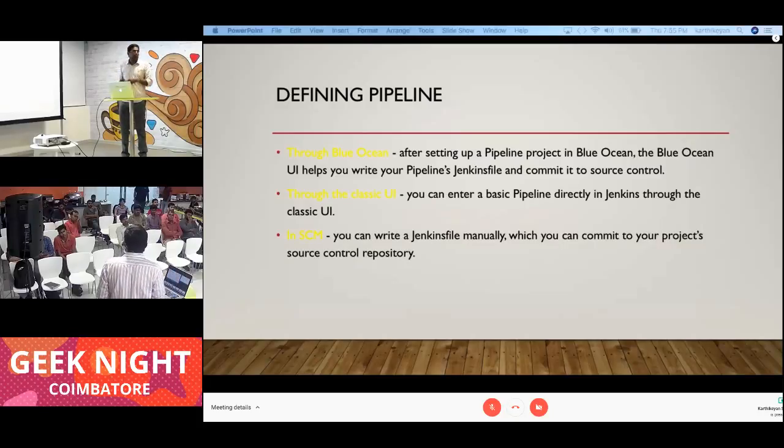But if your build steps are part of your repository, they would also debug it, because the build step is part of your repository. Whenever you make a change, or if there is any change to that build step or a process that's failing, the developers are equipped to know why that particular build failed. So that's what you get when you have the Jenkinsfile, the pipeline, inside your repository, right?